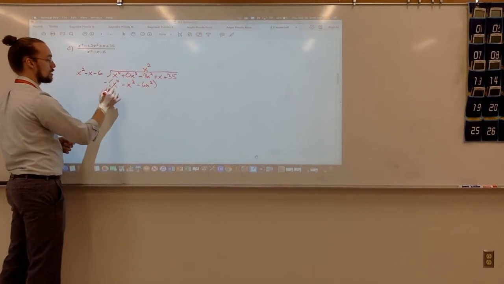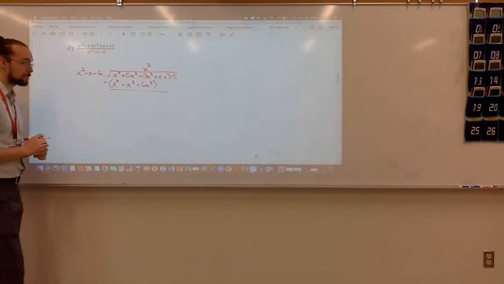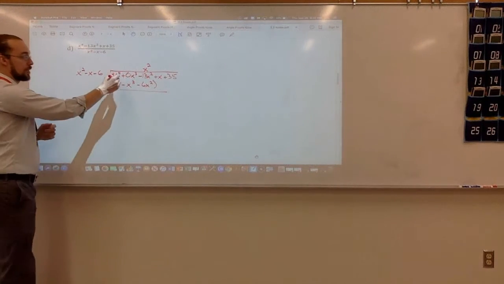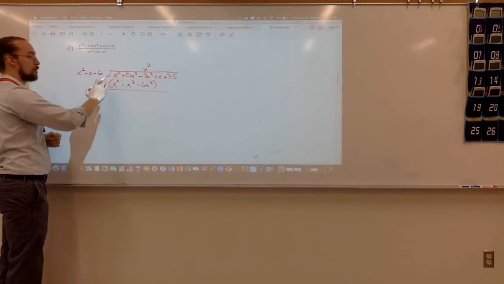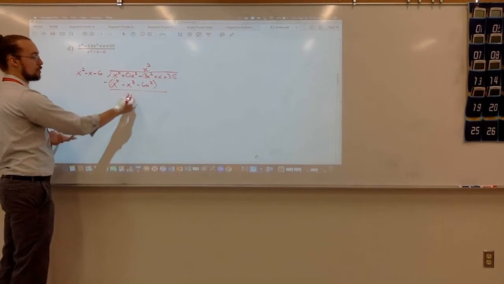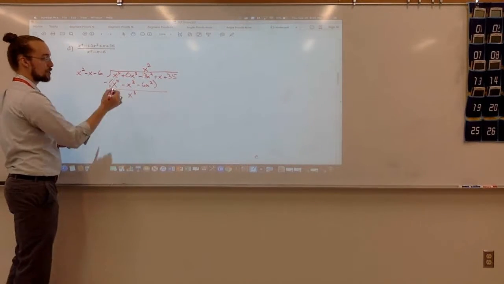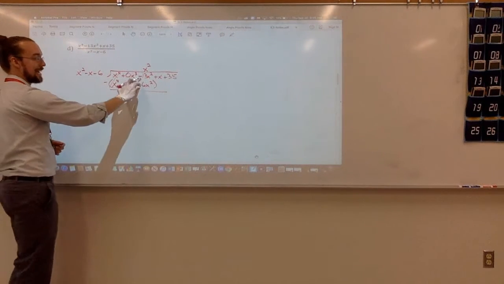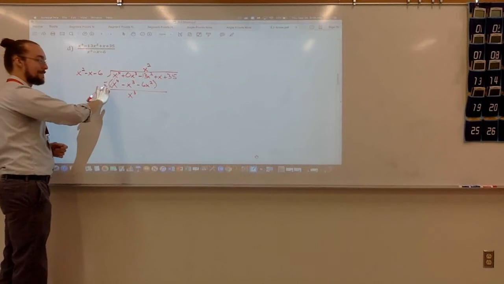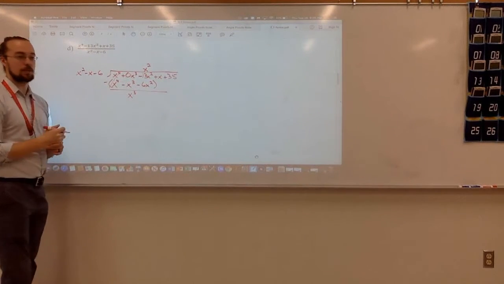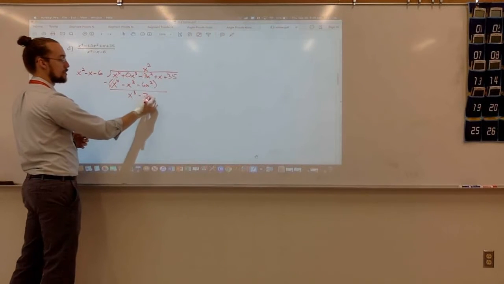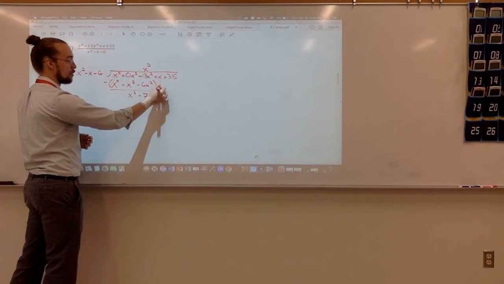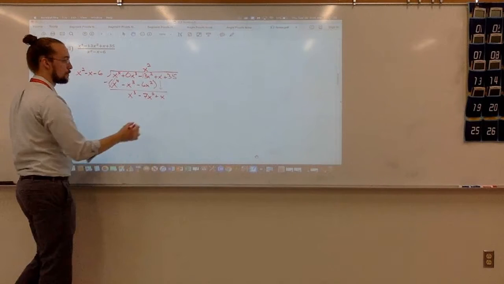And we subtract that whole thing. So these cancel out. 0x cubed minus a negative x cubed is positive 1x cubed. Negative 13x squared minus a negative 6x squared is negative 13 plus 6, so negative 7x squared. Then bring my next term down.